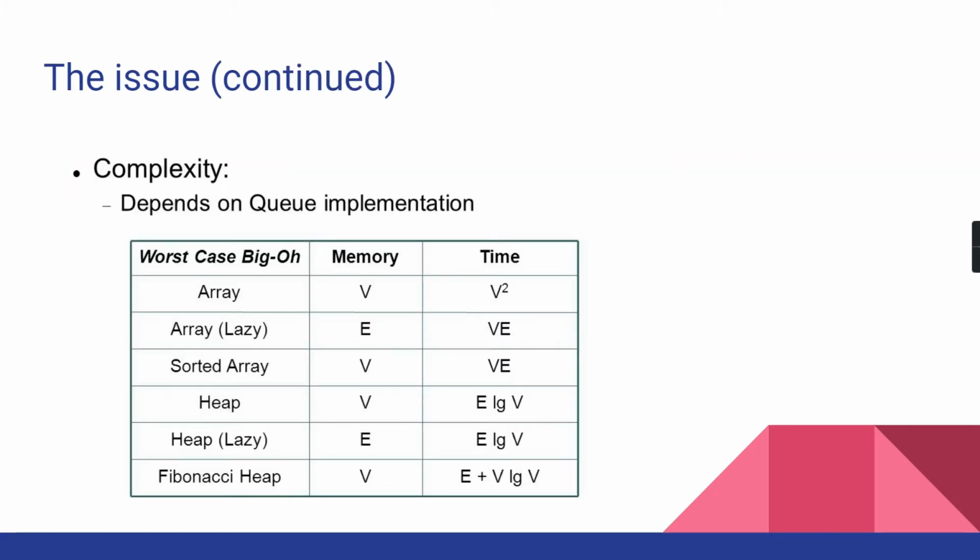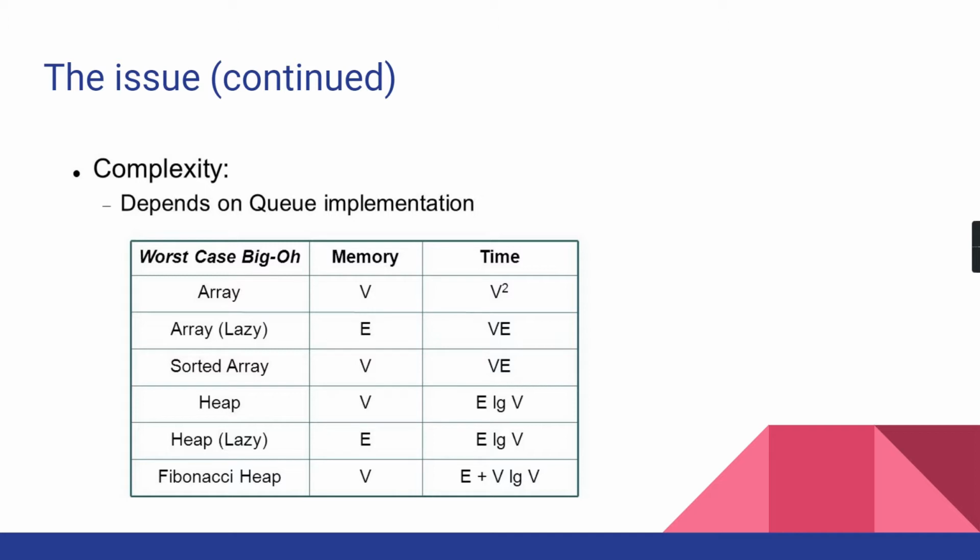So if we look at the complexity of running these search algorithms in serial, or running Dijkstra's in serial specifically, we can see that the time complexity goes up depending on how we are queuing nodes, or in this case with the graph, vertices and edges.